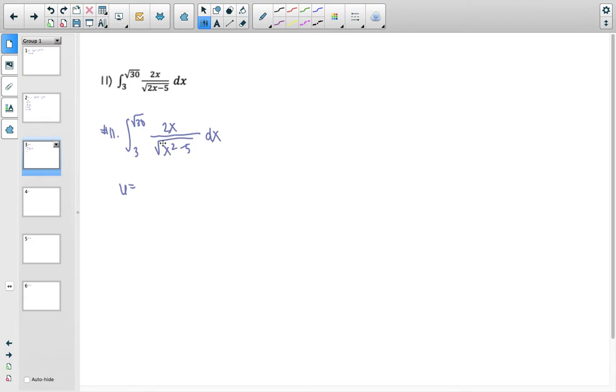You could use the square root, but I think the x squared on the inside of this is going to be easier, because the derivative of x squared will give you 2x, which means it'll go away. So when you solve for dx, you get 1 over 2x du. And so, not writing the boundaries yet, you have 2x over, I'm going to put it u to the 1/2, because I'm going to have to eventually do that anyway.